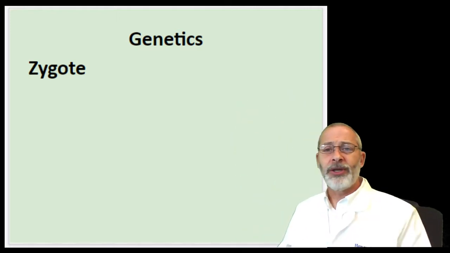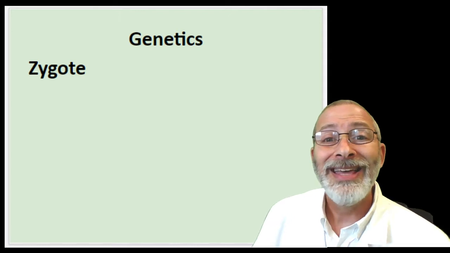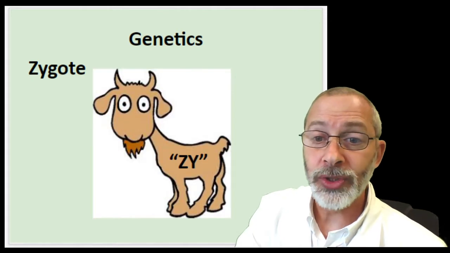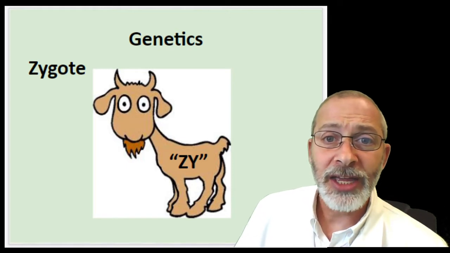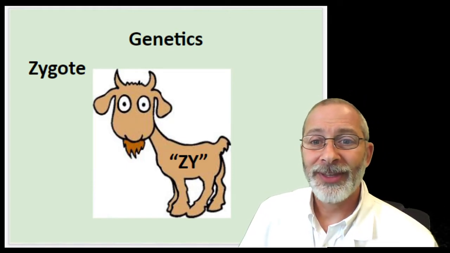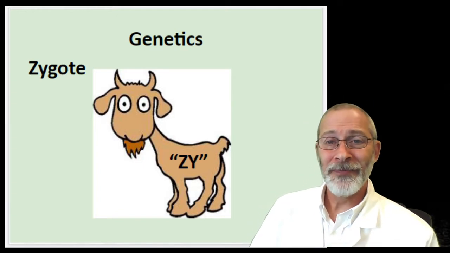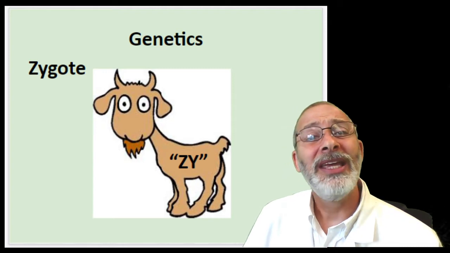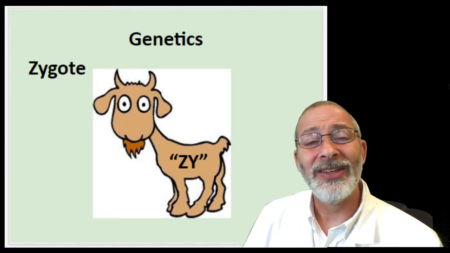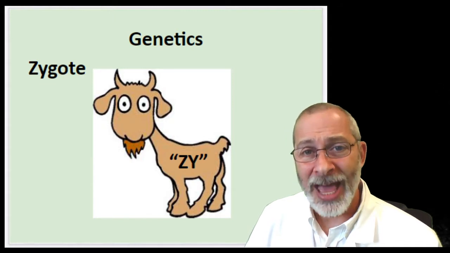Our next term here in our study of genetics is something called a zygote. And so let me introduce you to Zy. Perhaps that brought a little chuckle to you. Again, this is simply a play on words. This is not a zygote in the sense of genetics.